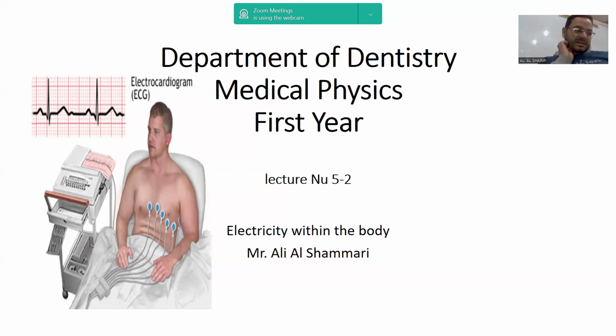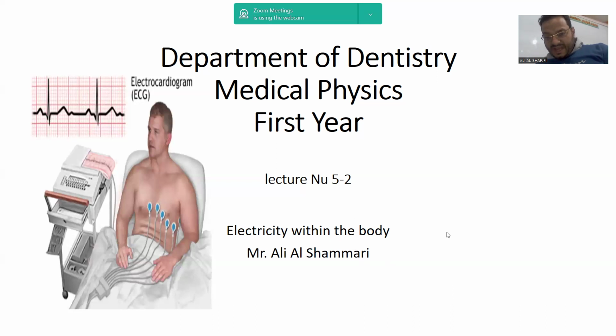Now let's imagine how we can benefit from this electrical potential by using an oscilloscope to use this electrical potential to plot some diagram. At first, let me start from ECG. What is this ECG?